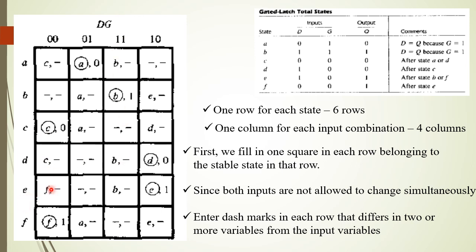Value of E is 1, 0. So 1, 0 can make a transition to 0, 0 or 1, 1. So 0, 0 is state F or 1, 1 is state B. So E can change to F or B.